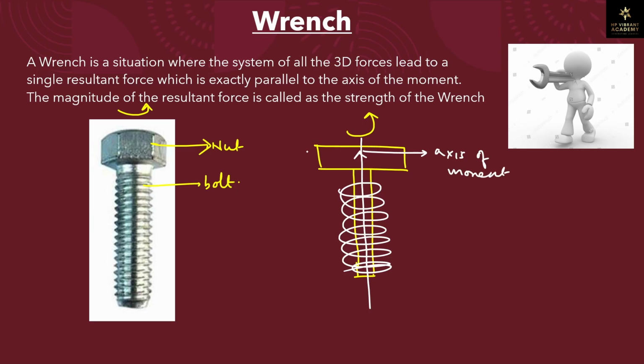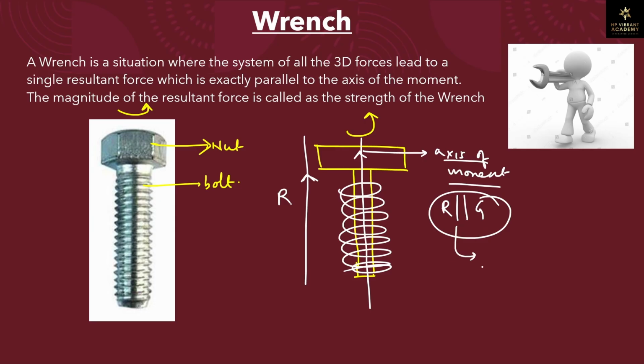Now let us consider the resultant R, and let us consider this resultant R is parallel to the axis of moment. If this situation arises, then that situation is known as a wrench. A wrench is a situation where the system of all 3D forces leads to a single resultant force which is exactly parallel to the axis of moment.